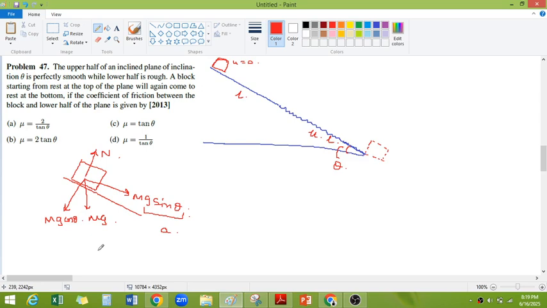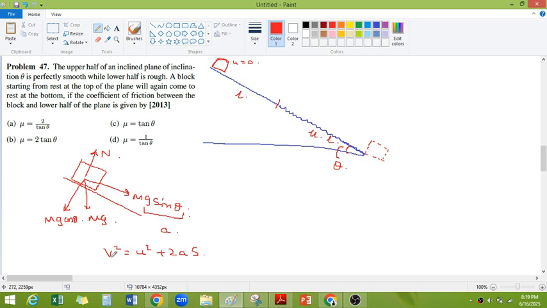So that means let me try using v squared equal to u squared plus 2as. So at the end of this part, it will come to a certain speed.